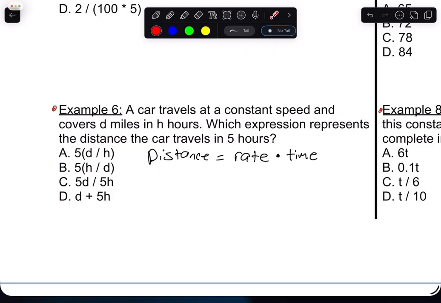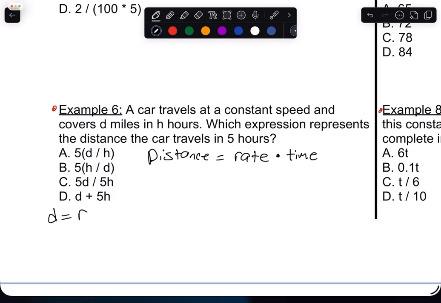They don't really tell you much in this case. All they tell you is that you're traveling at a constant speed and you're covering a certain amount of miles in a certain amount of hours. So this is a two-parter. We need to represent our rate and our time as D and H. Now, instead of time, I'm going to use H. And rate, you can say speed or R. It doesn't really matter here.